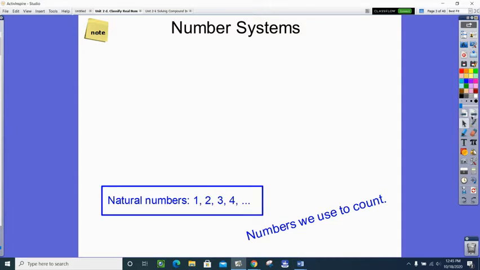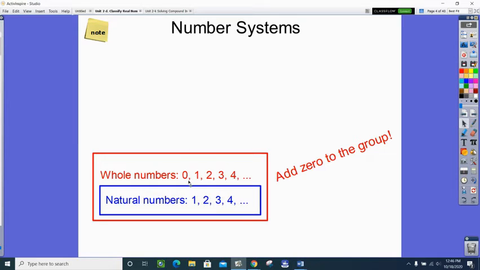When you got into kindergarten, only one new number joined the group, and it was the number 0. In kindergarten, I remember my kids calling him Zero the Hero. So you came up with the idea that there was something that represented nothing. If you add 0 to the natural numbers, this is now called the whole numbers.